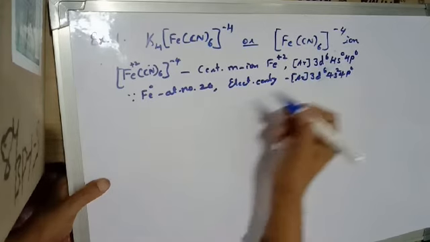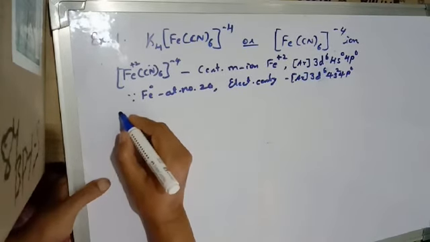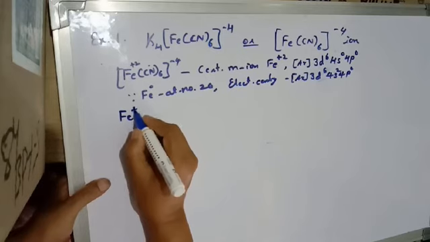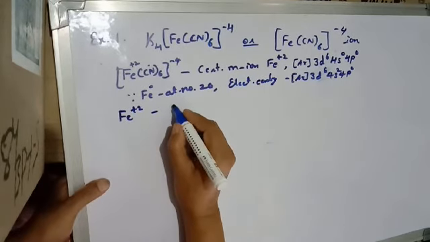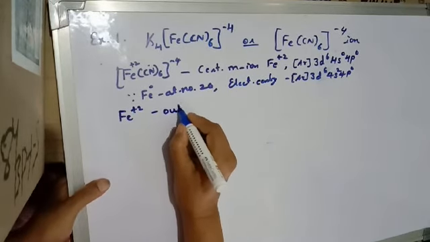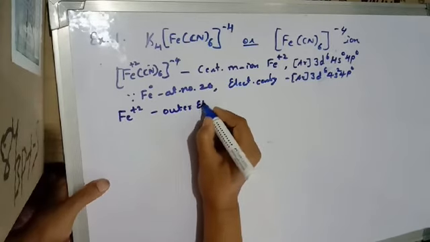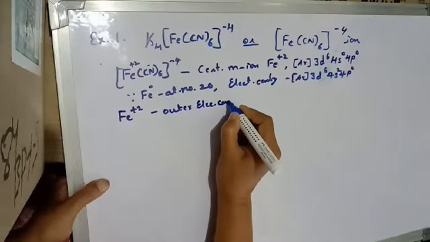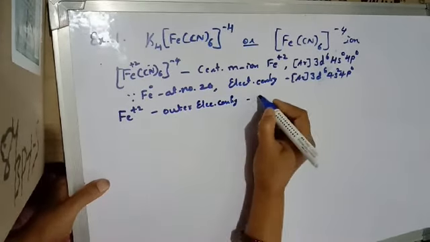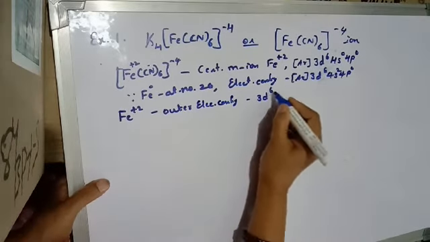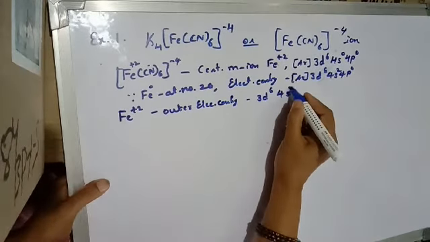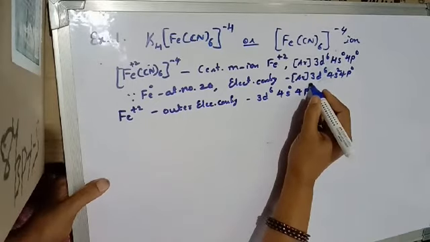Now in Fe2+, the outer electronic configuration is 3d6 4s0 4p0.